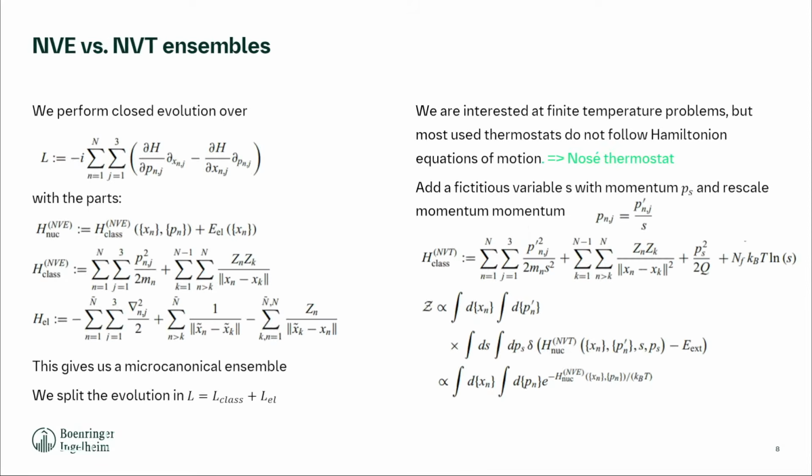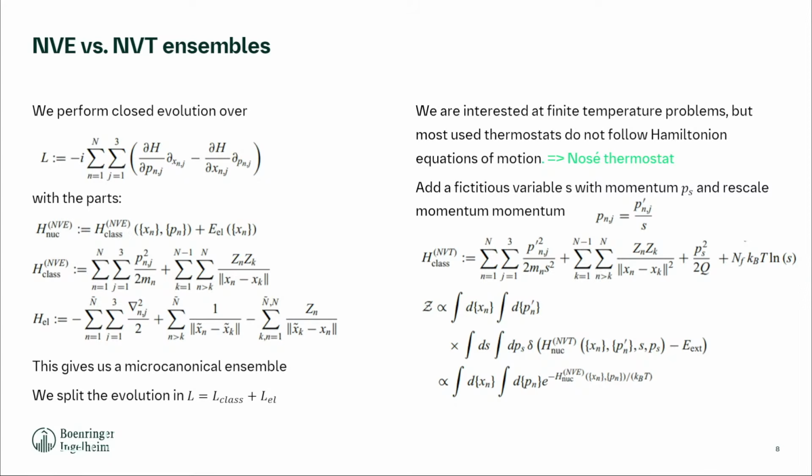So, a bit of a sidetrack about the ensemble. If you do this purely with this nuclear Hamiltonian, where you have the classical part, where you just have electrostatics, and then the electronic part, which is basically the ground state energy of this Hamiltonian, then you arrive at some microcanonical ensemble, which would not give you very interesting dynamics, right?